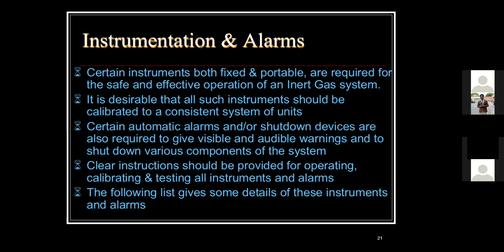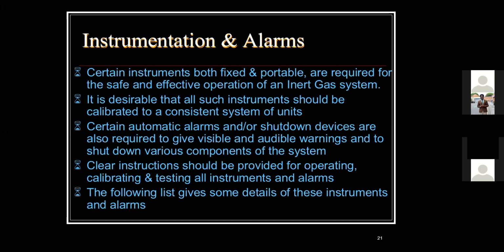When the oxygen being delivered to the tank is more than 5%, and you have to set it at 5%, it gives you an alarm. There's also the pressure alarm. When the pressure is very, very low, it also gives you an alarm.